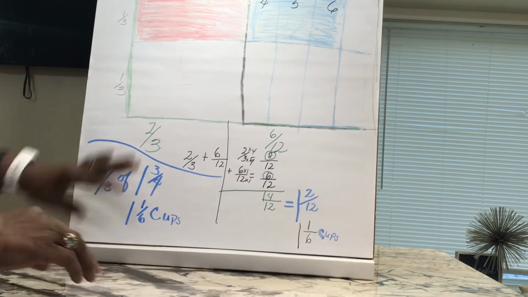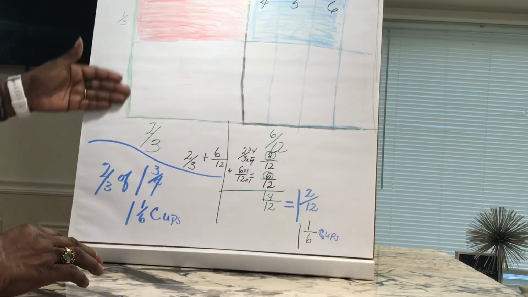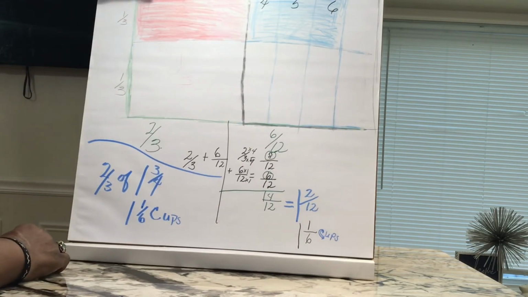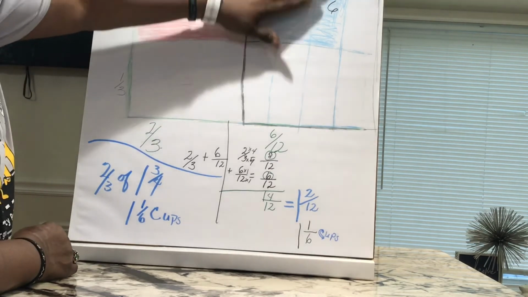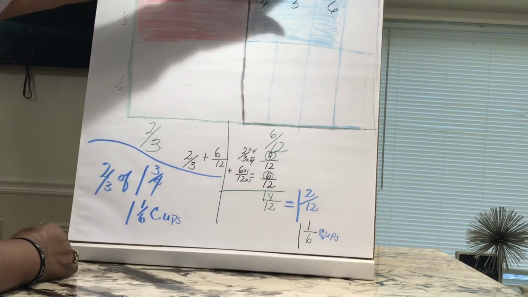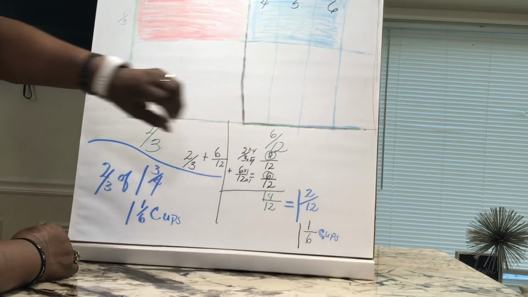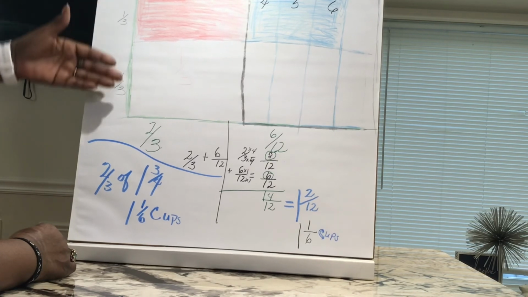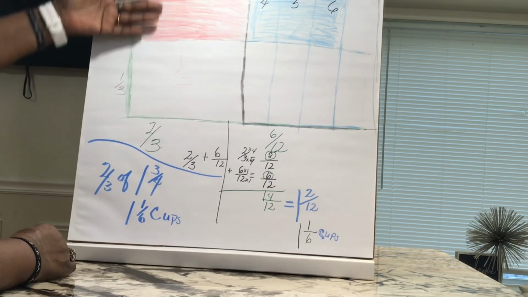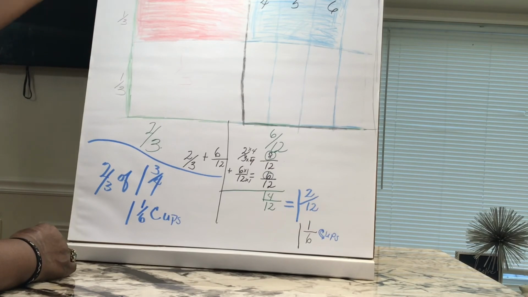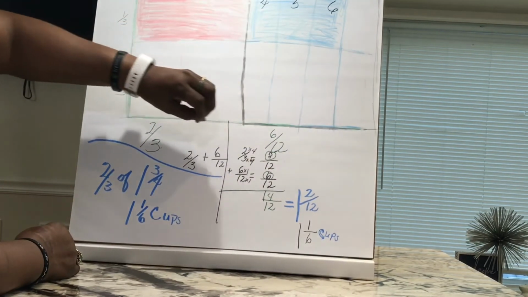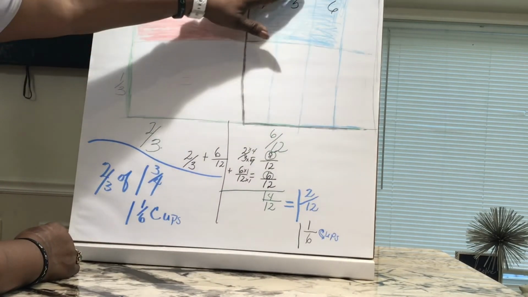So once again, in order to do a fraction times a mixed number, you're going to need that mixed number to be 1 whole, and then you're going to need the fraction. This is 1 3/4, and this 1 whole was divided into thirds, and this fourth was divided into 2/3 of 12.